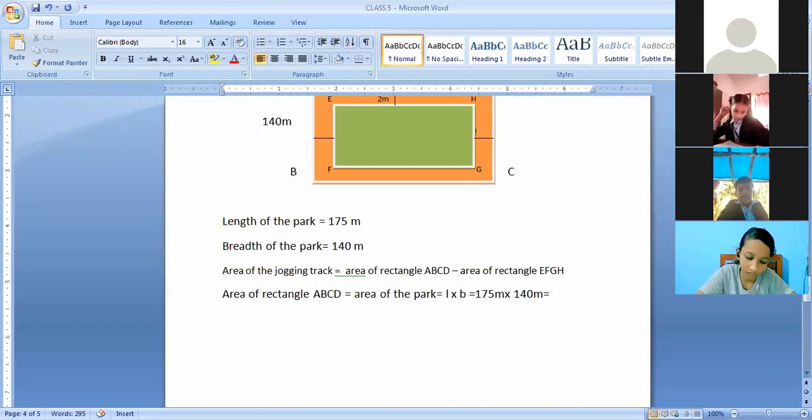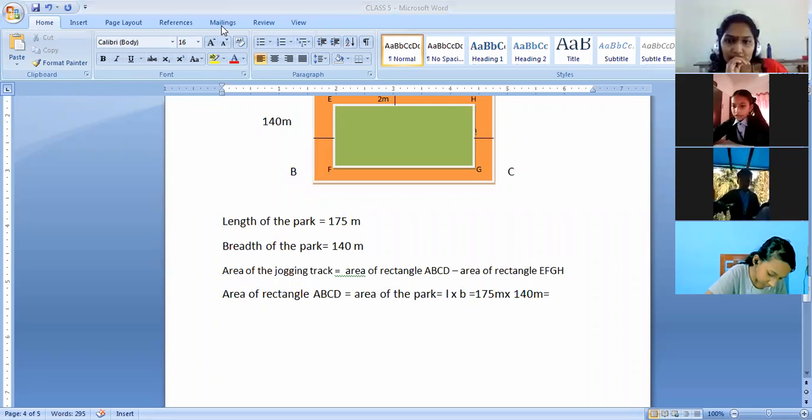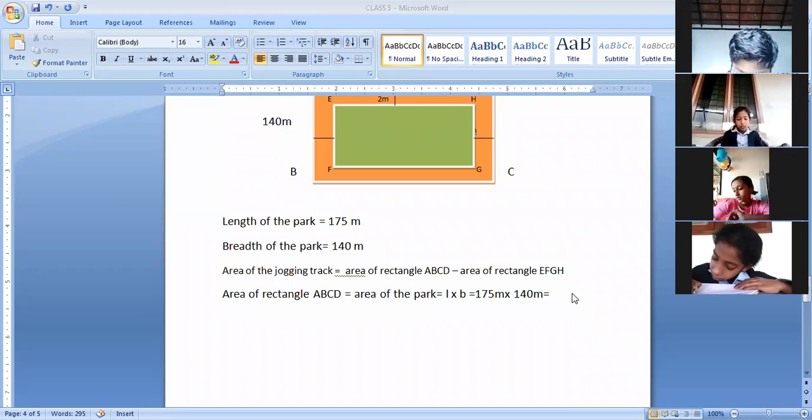So calculate 175 into 140. Multiply 175 and 140. It is 24,500.